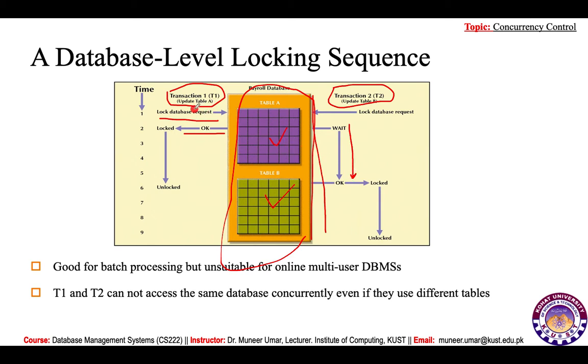And once T1 completes its operation, this database would be unlocked or the lock will be released by the lock manager, and after that T2 will be given the lock. So due to the locking mechanism, only one transaction at one time accesses this database.